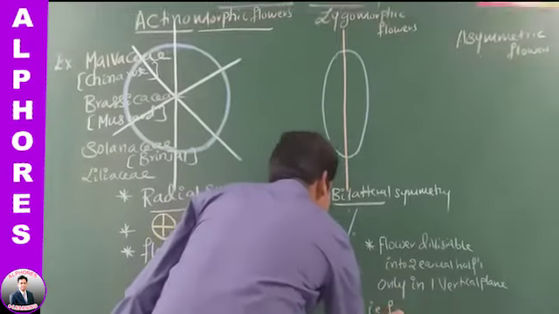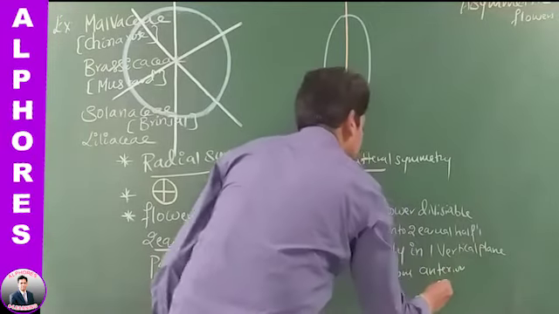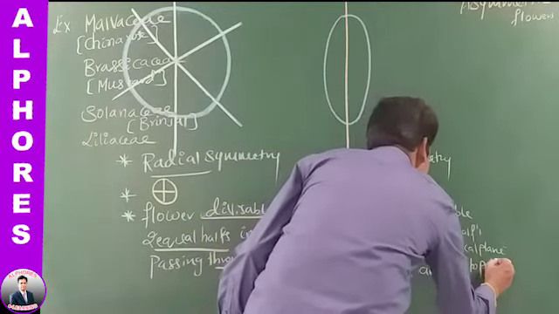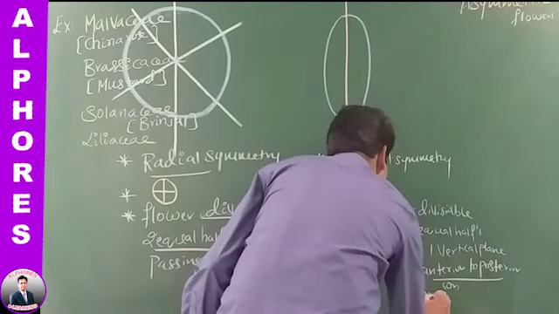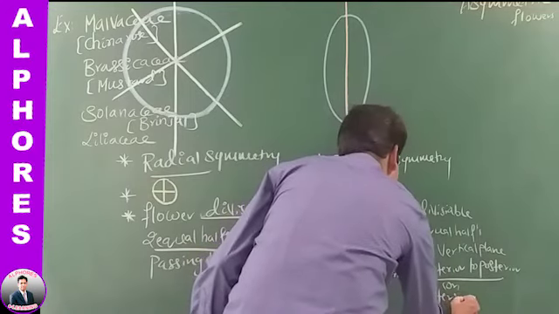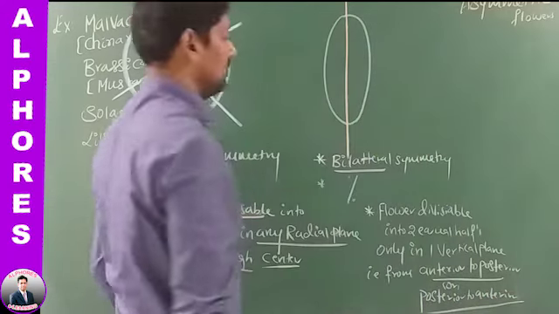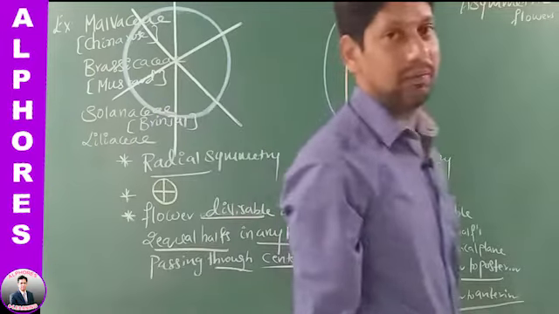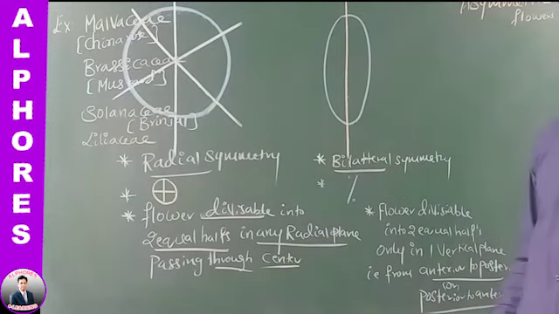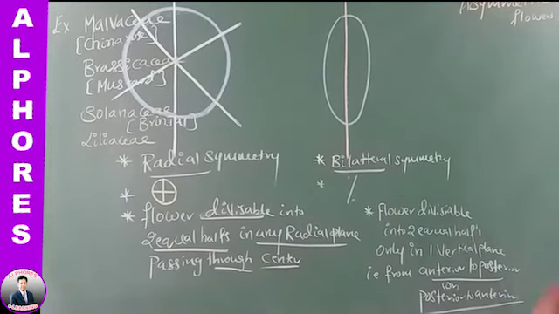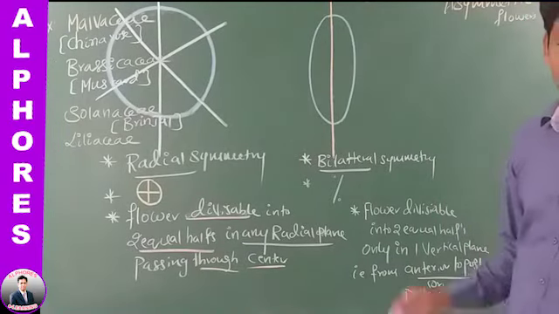That is from anterior to posterior, or posterior to anterior. See this statement: we can divide this flower, but to divide this flower into two equal halves, we have to cut this flower only in one vertical plane, that is from anterior to posterior or posterior to anterior. Such flowers are called zygomorphic flowers, showing bilateral symmetry.